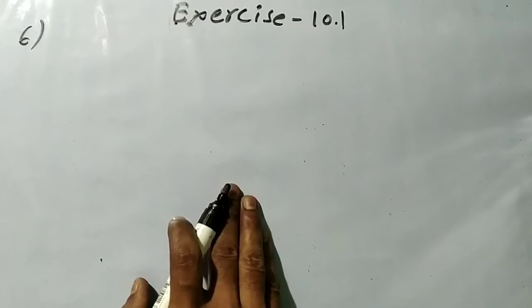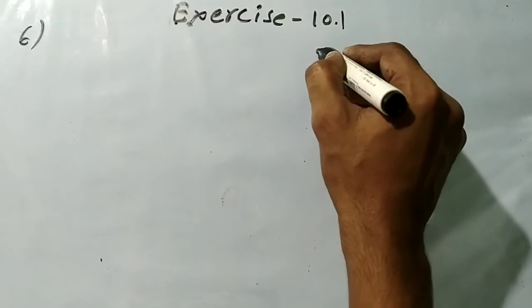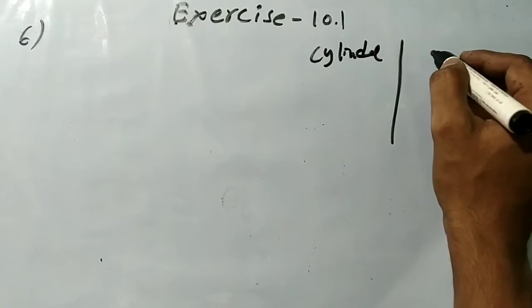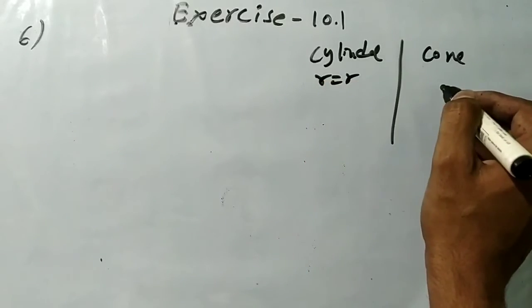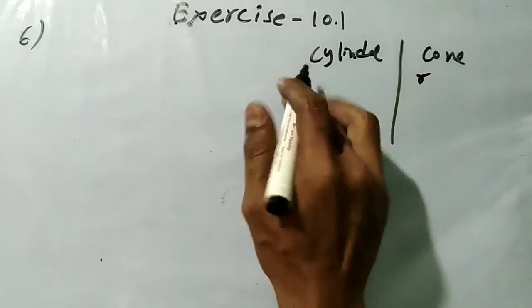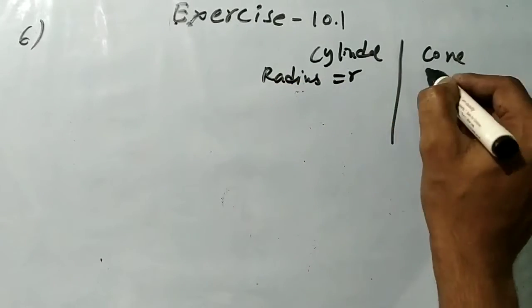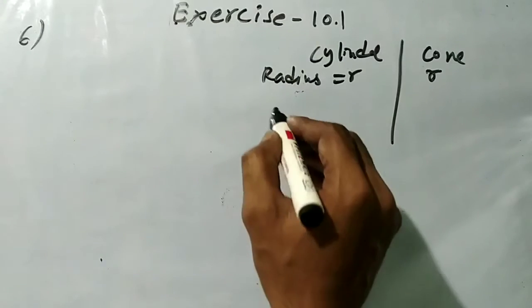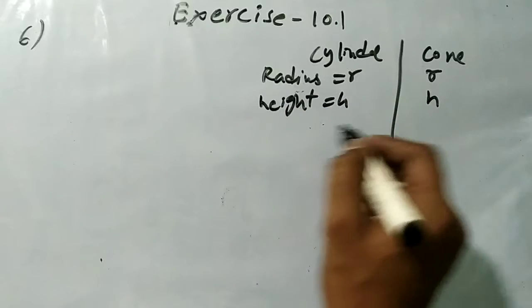A cylinder and cone have bases of equal radii, that is R is equal to R. The radius is R here and also R here, the same. The height is also given equal, so h here and h here.